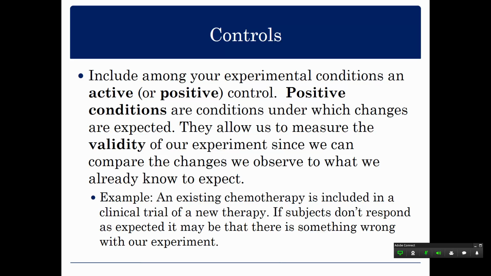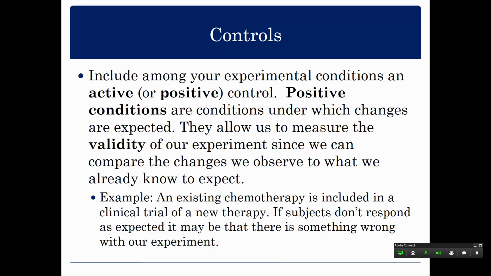This is usually a standard of care, some therapy that's already been developed and approved to be used in patients in the clinic. It may vary from hospital to hospital, but the idea is if you include this arm in your experiment, we know what should be happening to these patients when they're treated with the standard of care because we've been treating them with this for a while.